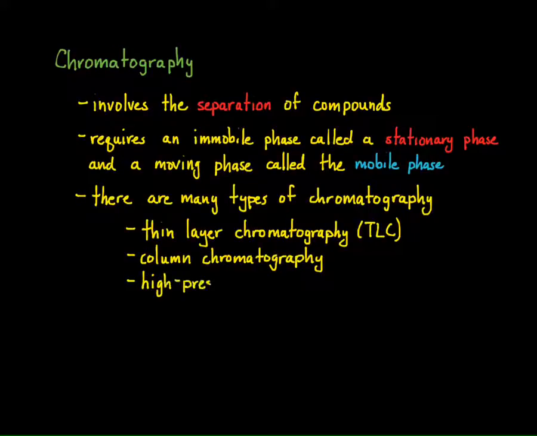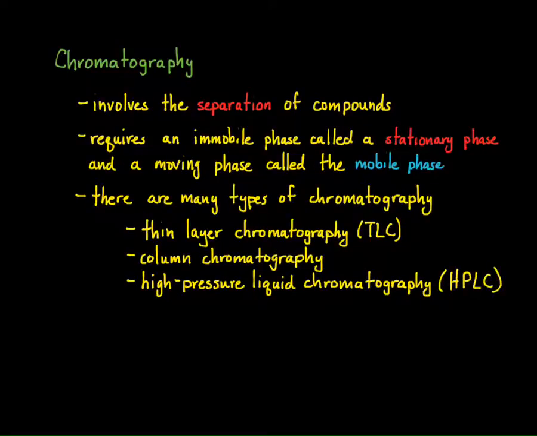Then there's high pressure liquid chromatography, and this is abbreviated HPLC. And with HPLC, again, you can actually quantitatively figure out how much of a substance is in there by separating it from its components. And this is certainly done in the liquid phase.